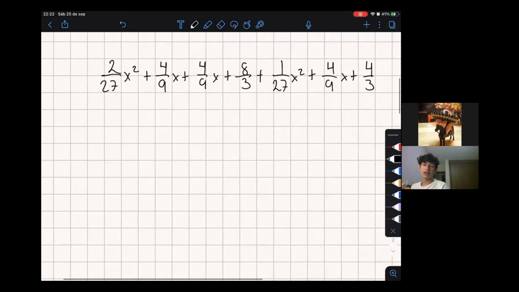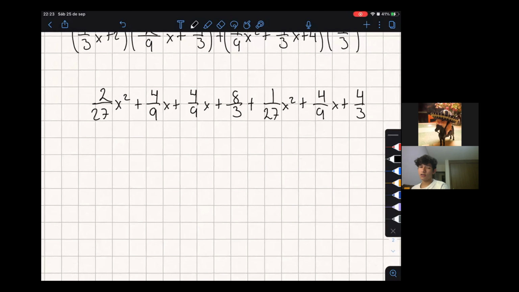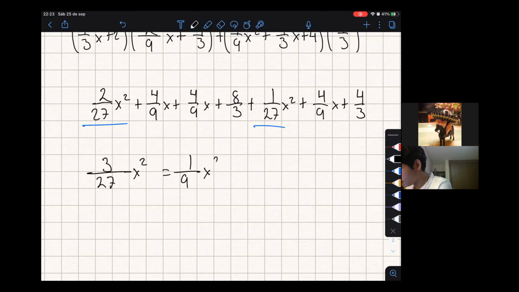So we have that. Once we have this, we only need to add or subtract the values that are similar. So we start with this one and this one, that is equal to 3 over 27x squared, that is equal to 1 over 9x squared.